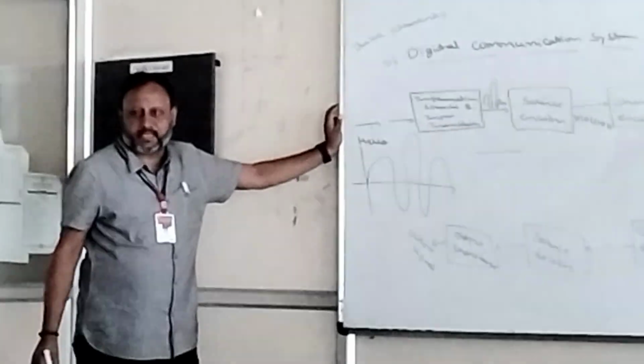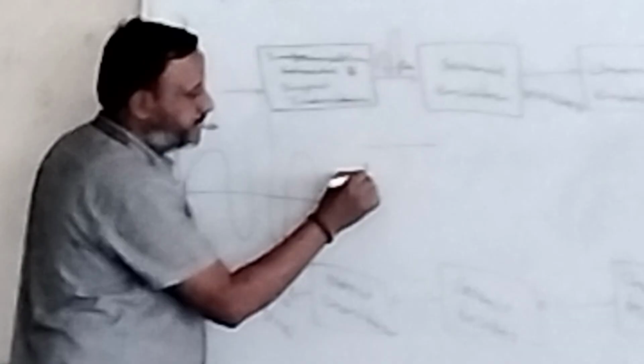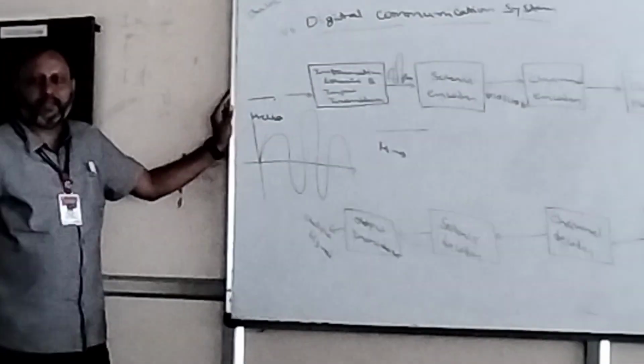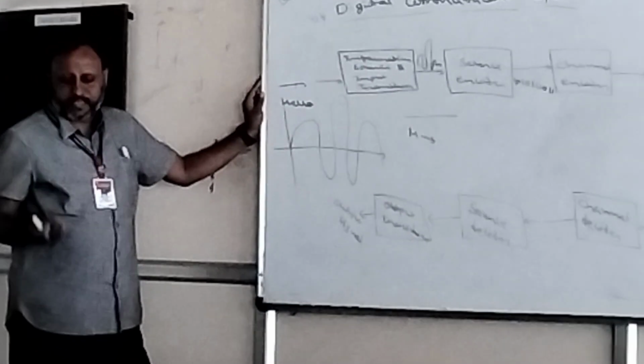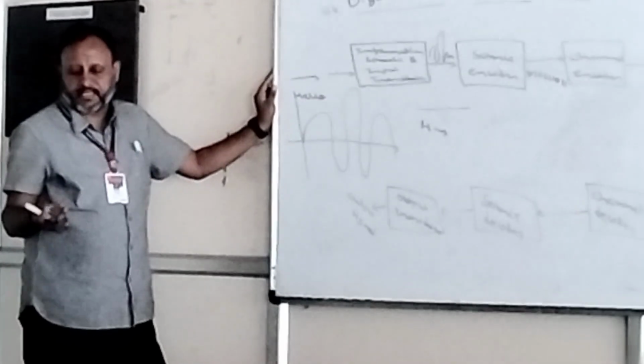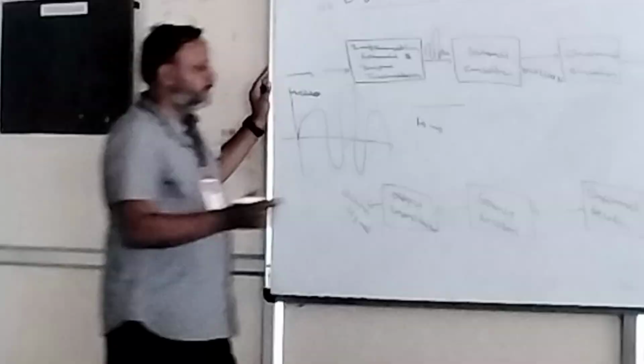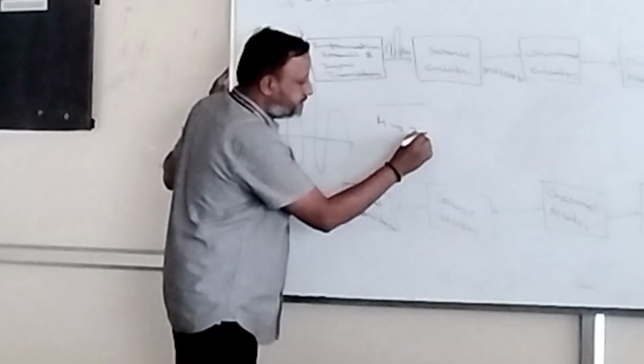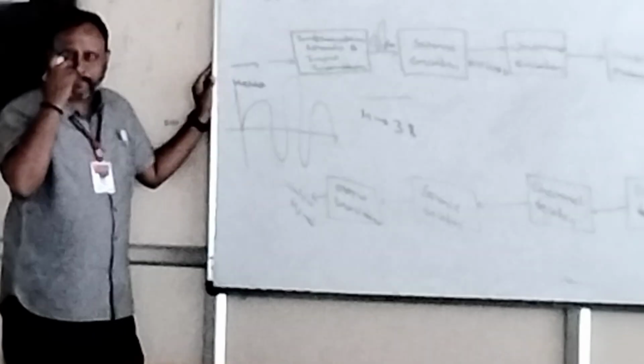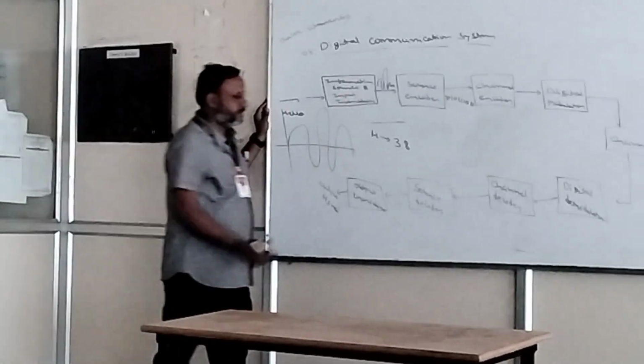But how are they converted? Example, H. What is the ASCII value of this H? A, B, C, D, E, F, G, H, the 8th alphabet. Right? So its ASCII value is 38. So this 3 is represented in binary as 0011, and 8 is 1000.